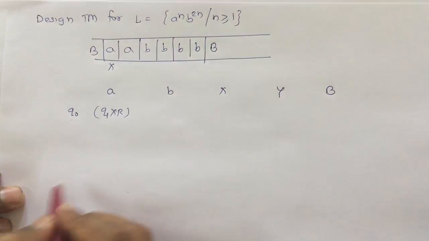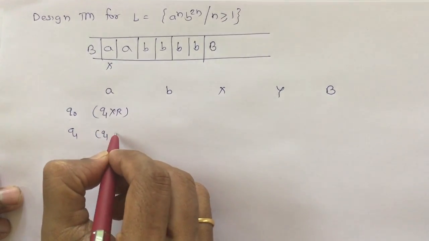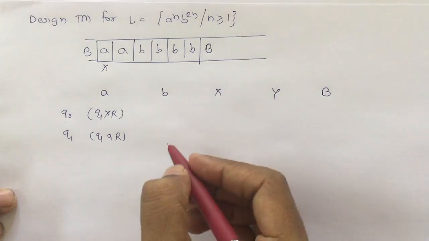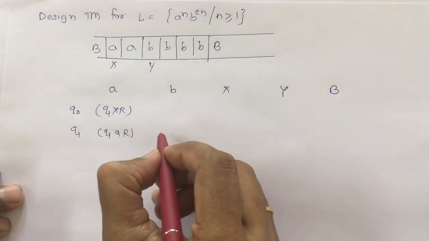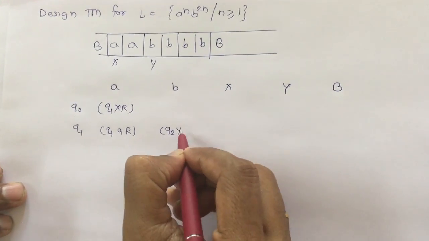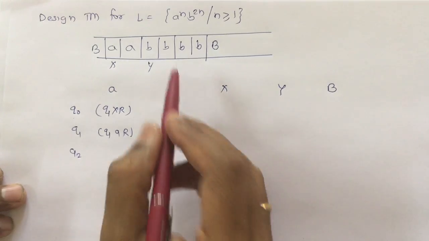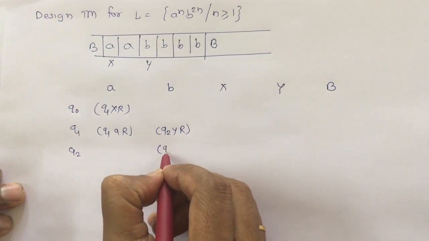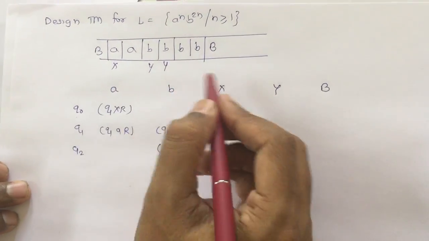So this is marked. Now Q1 A, Q1 A R, which is to be skipped. Now we got the first B; we replace it by Y and try to find the next B. So Q1 B gives Q2 Y R. Now Q2 B again would be Q3 Y L. Now we replace it by Y and we have to come back.